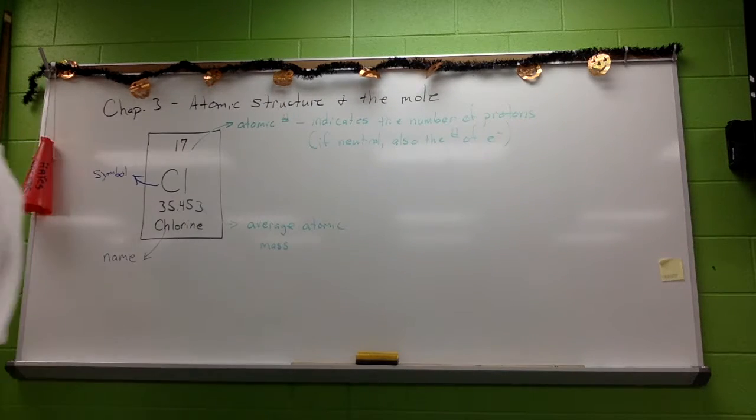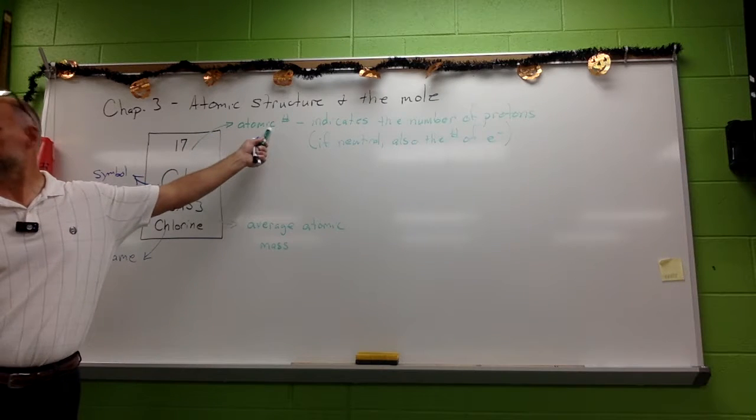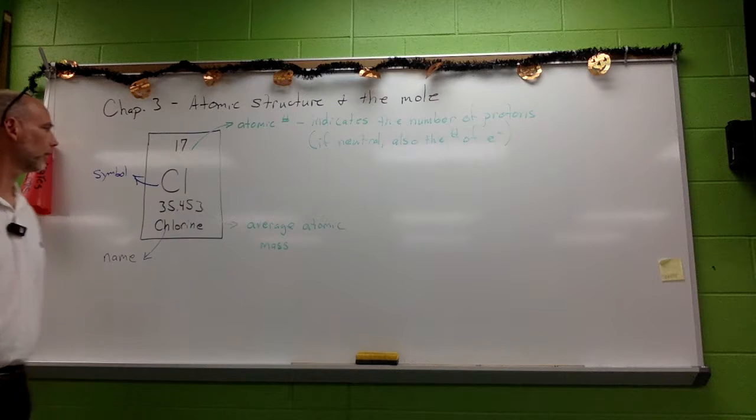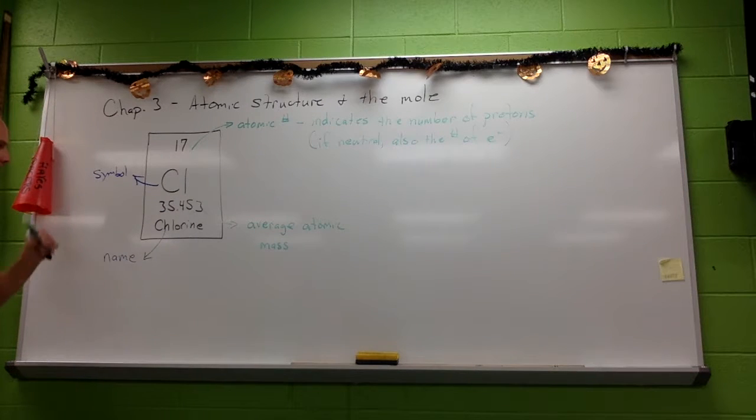Obviously, if it is an ion, then that is not going to be true, and that's a whole other thing that we're going to be talking about. You have probably heard this before or been exposed to this piece before. Okay. Symbol you got, name you got.